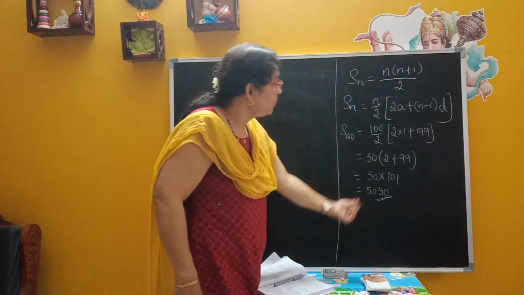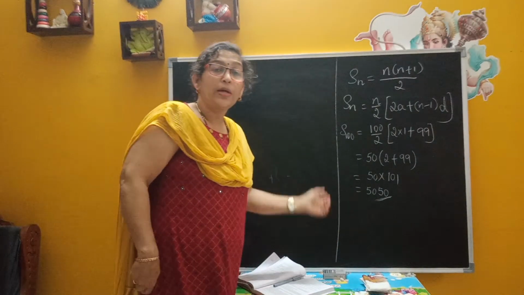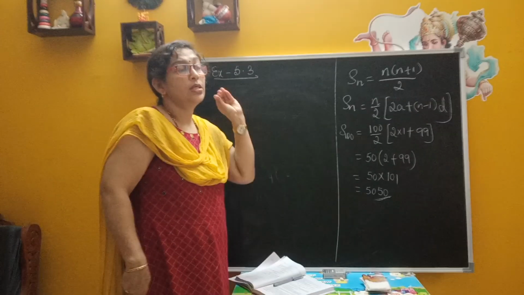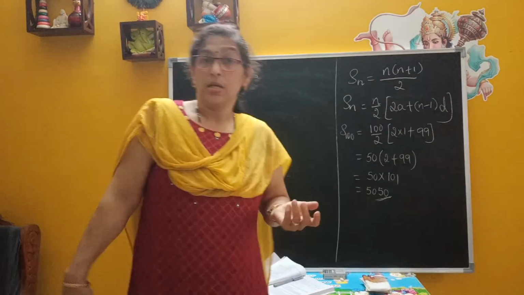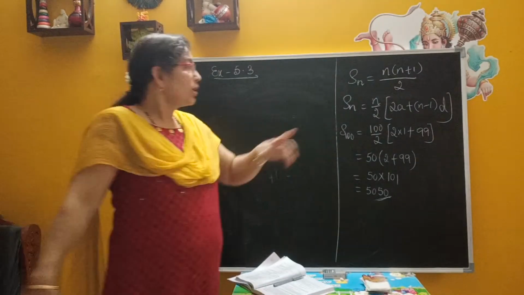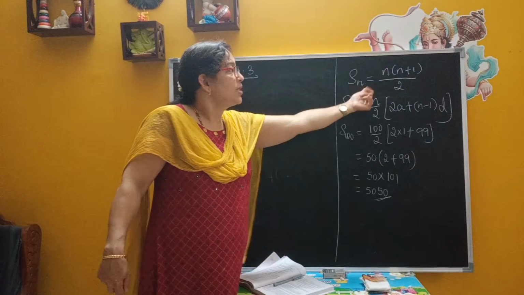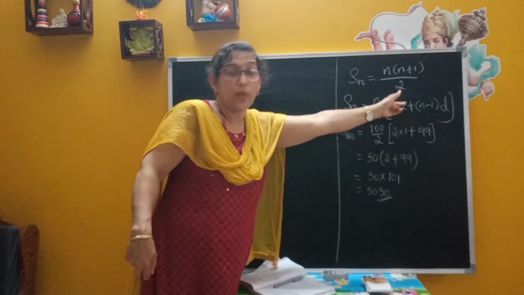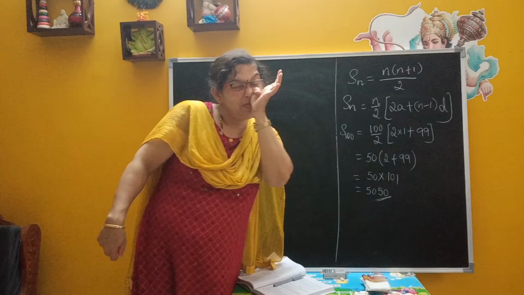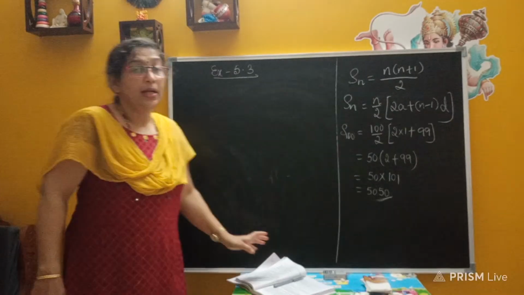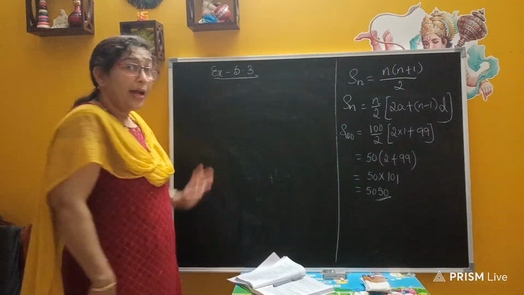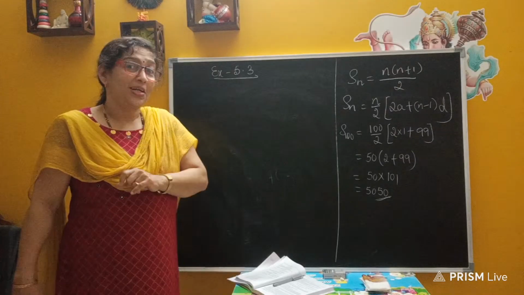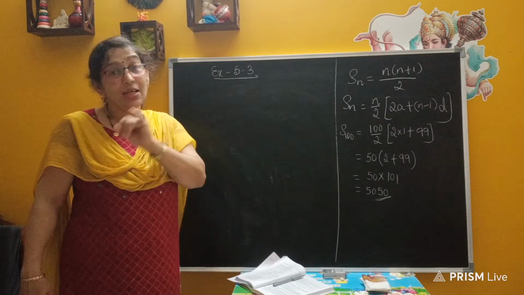This formula can be used whenever it is asked to find the sum of the first 100, first 50, or first 1000 natural numbers. We can use Sn is equal to n into n plus 1 by 2. This was invented by the scientist Gauss. At which age? That is important here. When he was a 10 year old boy.